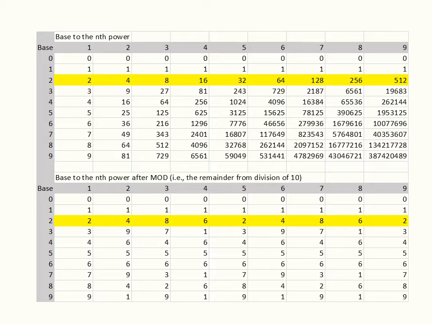So you can see here that 0 is always 0, 1 is always 1, 2 is 2486, repeating, 3 is 3971, repeating, 4 is 46, repeating. 5 is always 5, 6 is always 6, 7 is 7931, repeating, 8 is 8426, repeating, and 9 is 9191, repeating.